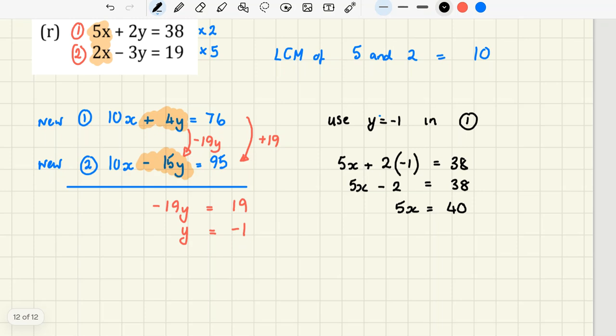Which means x is 40 divided by 5, which is 8. So we end up with x equals 8 and y equals negative 1 as my final answer.